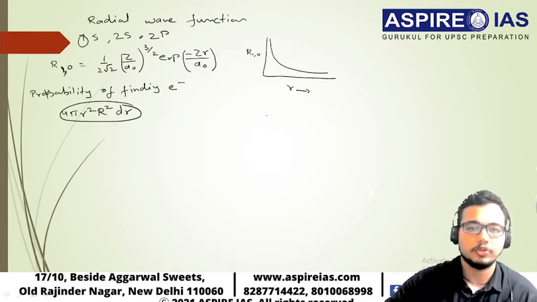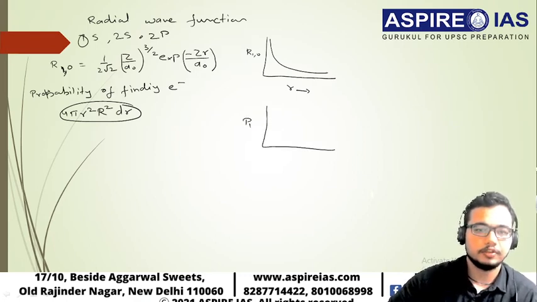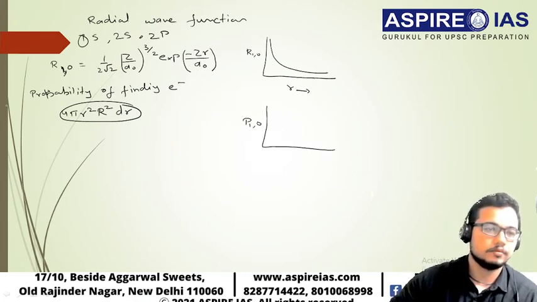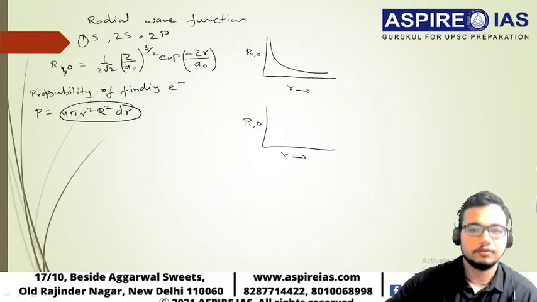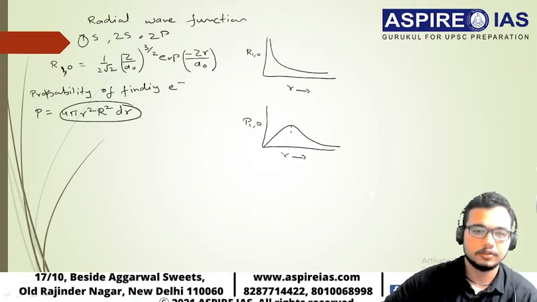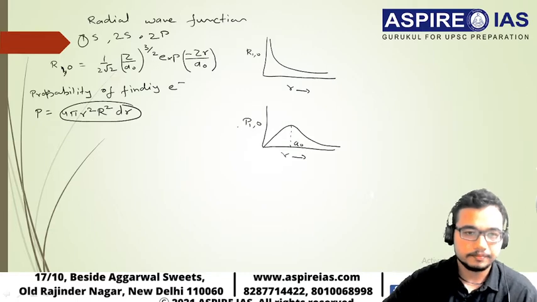Now upon plotting this, we get probability P10 versus radius. The curve we get is like this. This one is a naught, the radius of the hydrogen atom.